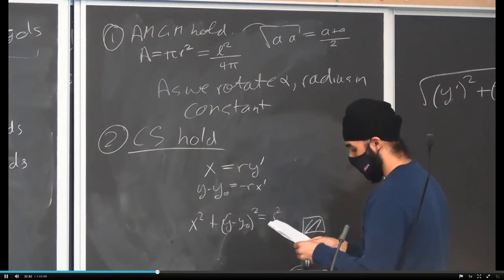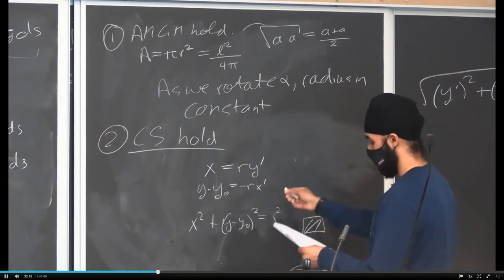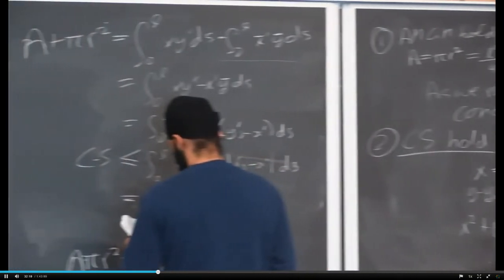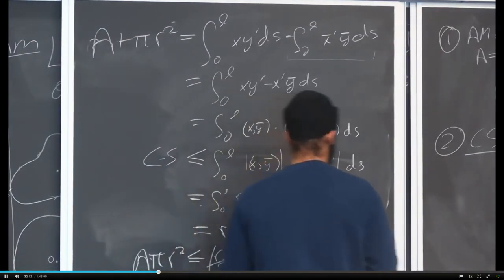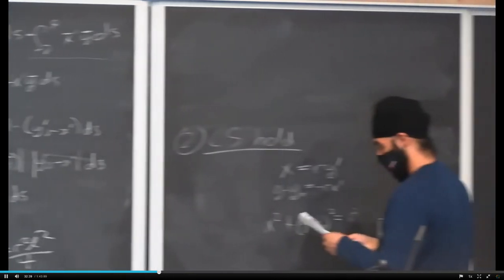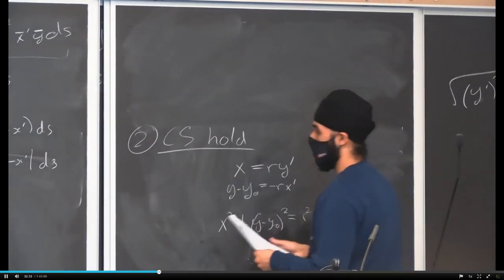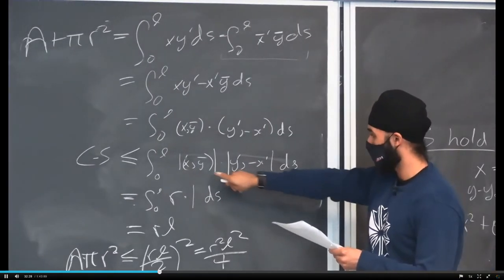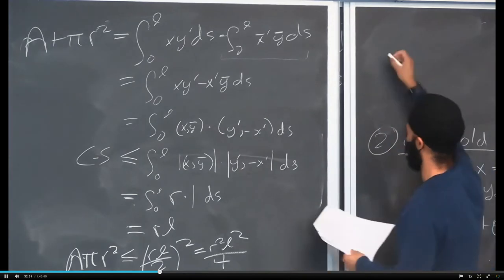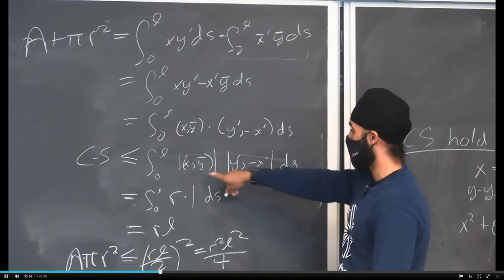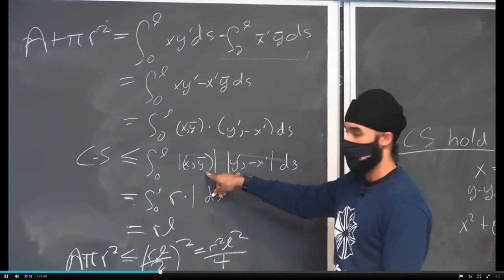And I still have some time, so I'll talk about the details behind this. The only time these two are going to be equal, and we already agree on the Cauchy-Schwarz, there is a slight subtlety. Just because these two integrals are the same, how do you know that these two have to be scalar multiples of each other?